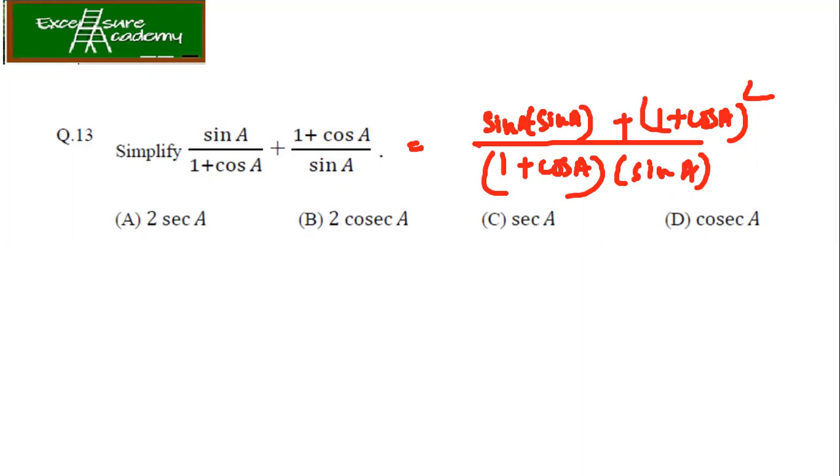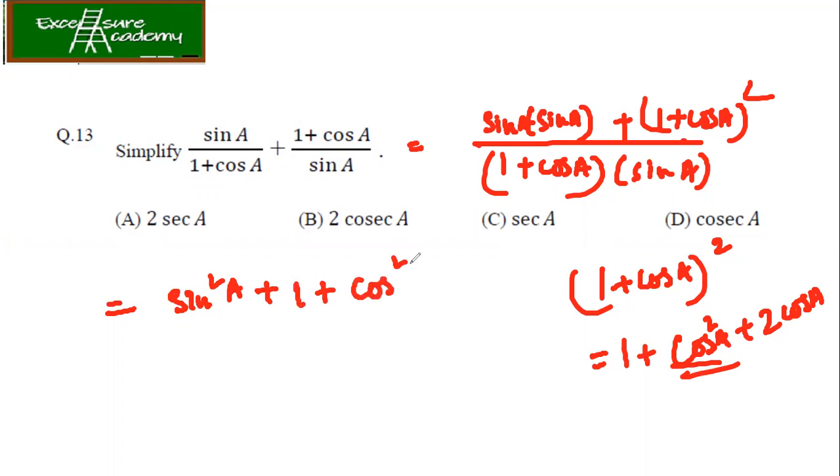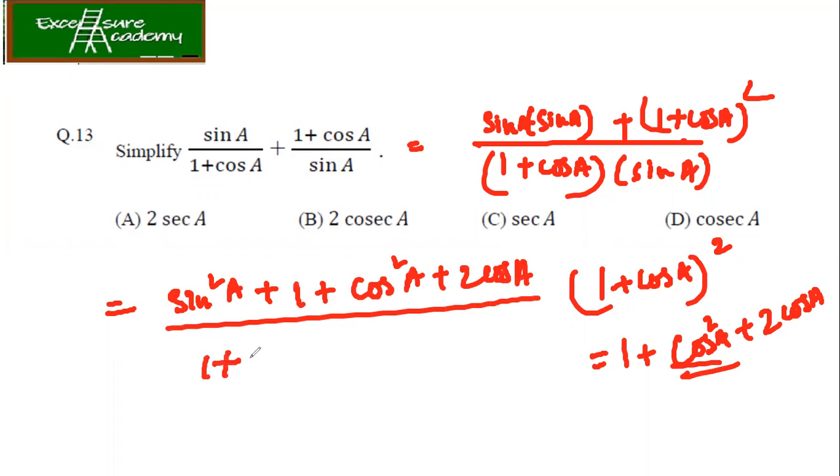We also know that 1 plus cos A whole square gives 1 plus cos square A plus 2 cos A. Putting this value in, we get sin square A plus 1 plus cos square A plus 2 cos A, divided by 1 plus cos A times sin A.